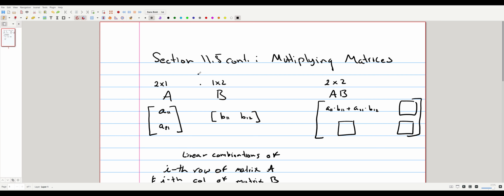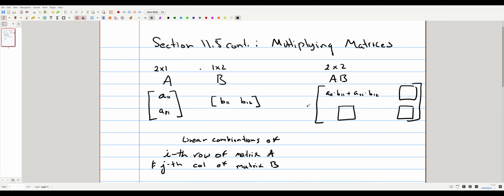Well, what you're doing is you're taking the first row of matrix A and the first column of matrix B, which just happens to be one term, and you're multiplying them.